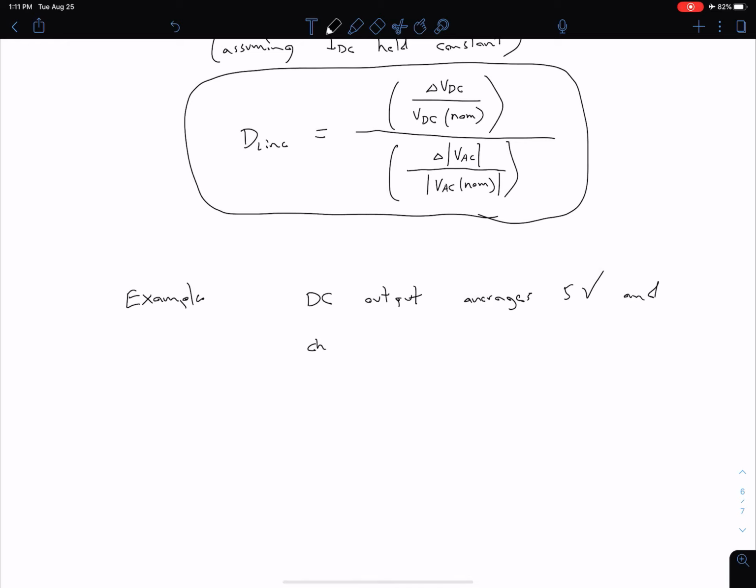And we have some change on the input line, which causes it to change by 10 millivolts. And so that 10 millivolt change is due to this nominal AC input of 120 that changed by 2 volts.